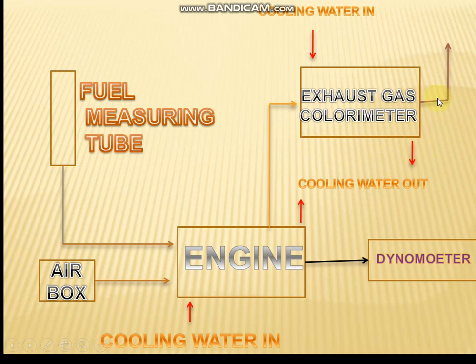By applying energy balance equations, we can find how much energy goes into the atmosphere as wastage. So for any engine, we require an airbox, a burette to measure the mass flow rate of fuel, one type of dynamometer and one exhaust gas calorimeter. If we have all these things, we can easily measure the performance of an IC engine.